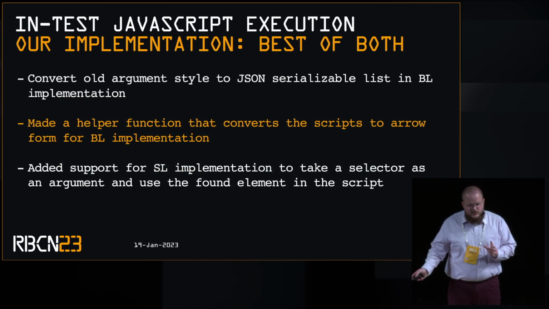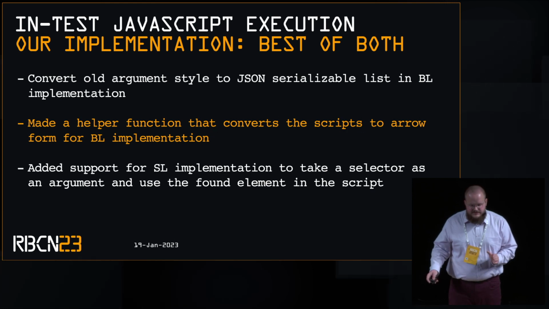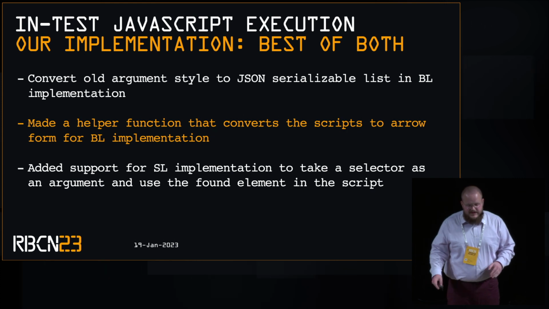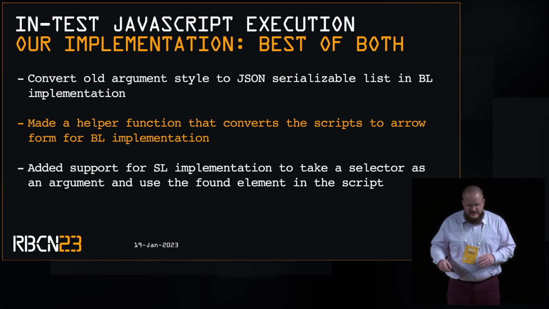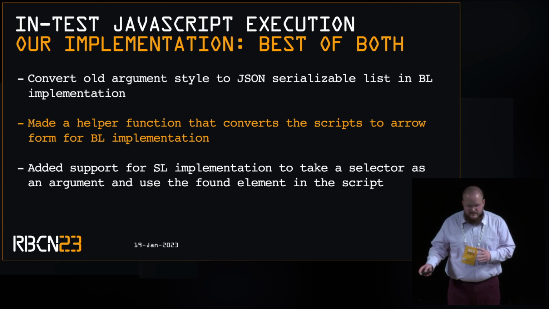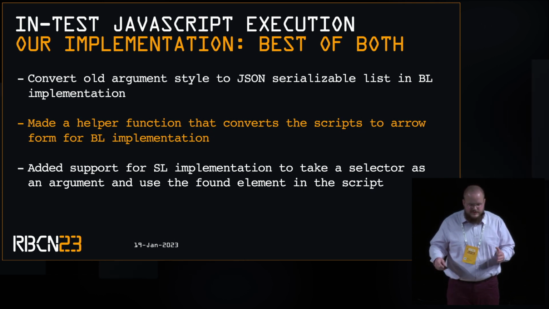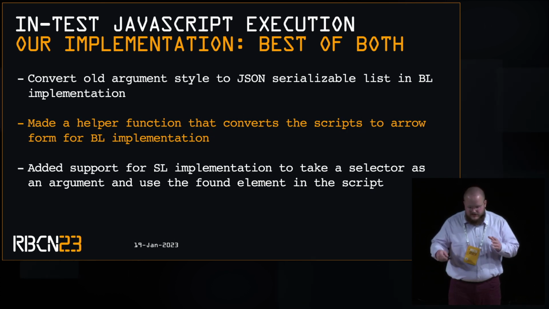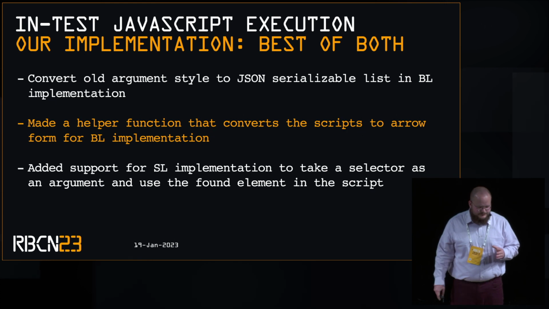We converted our old argument style to a JSON serializable list in our Browser Library implementation that we can then access in an indexable way, in the same way that a Selenium Library JavaScript would access those arguments in that indexable arguments list.